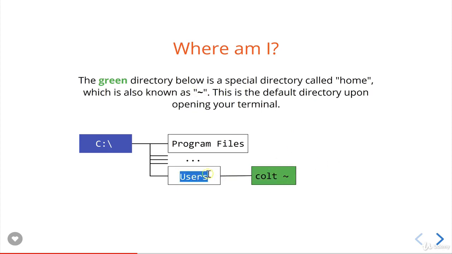So not the users, but your particular user account directory. And actually, it's the default directory that opens up when you open a new terminal. In the last video, we saw that briefly. I opened PowerShell, and I was already in this directory, the name of my account. That will be different for you, whatever your username is, but that is your home directory. So anytime you open up PowerShell, you'll begin there.